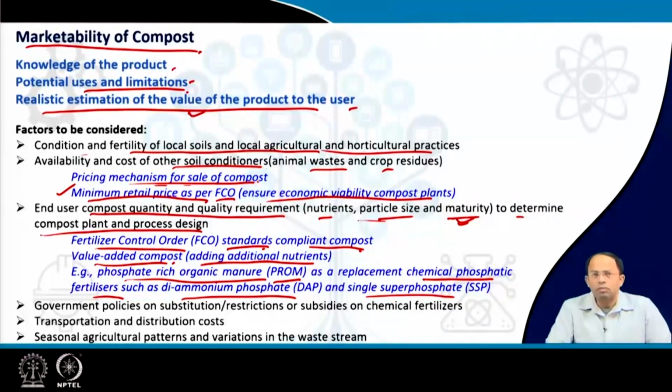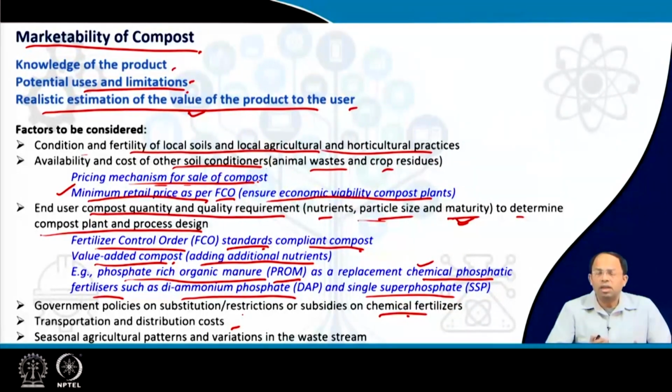So that means we can add certain nutrients, and that will make the compost even better, and it can act as a replacement for chemical fertilizers. Then government policies on substitution, restriction or subsidies on chemical fertilizers. So not only do we have to market compost, we have to subsidize it, and maybe remove some subsidy from chemical fertilizers.